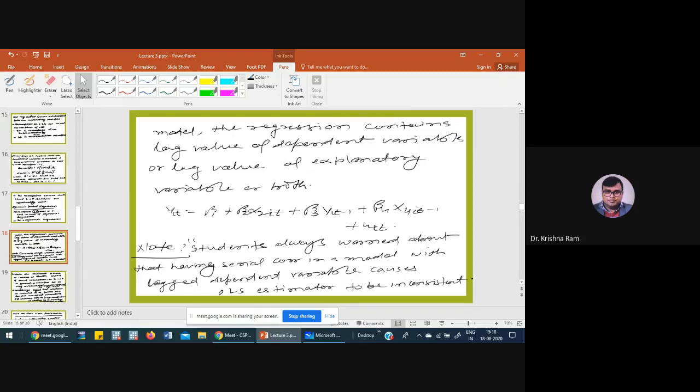And we know in a dynamic regression model, you have a lag value of the dependent or independent variable, or both, in the regression model like this.